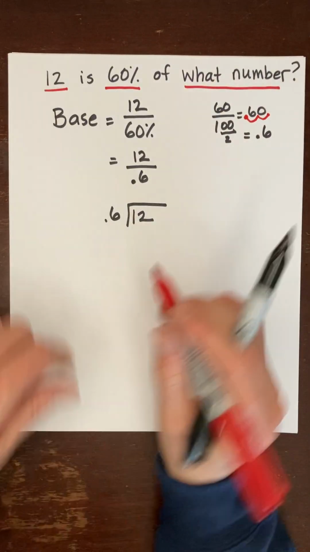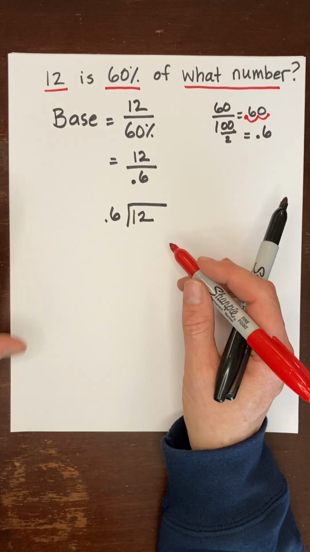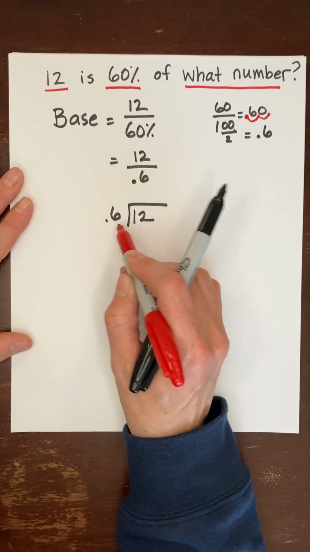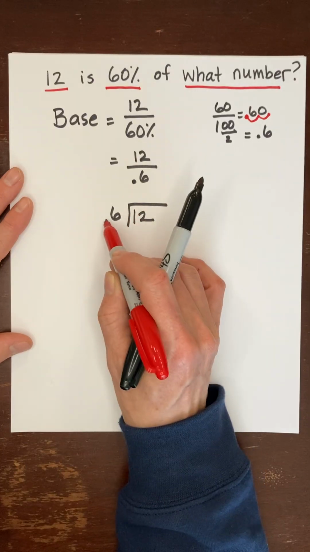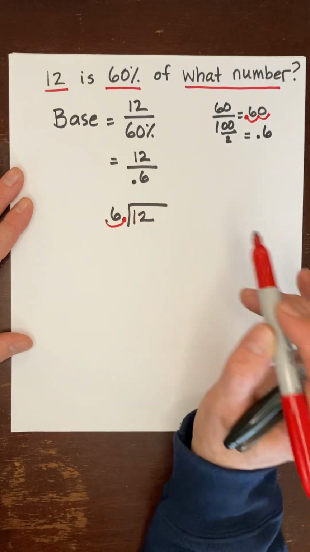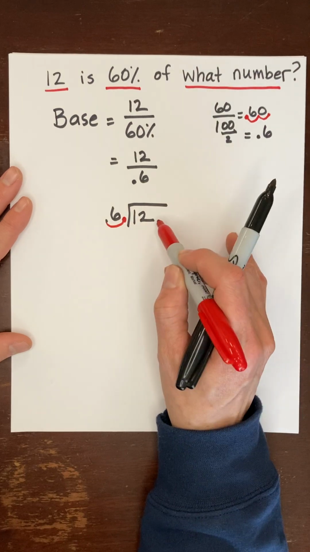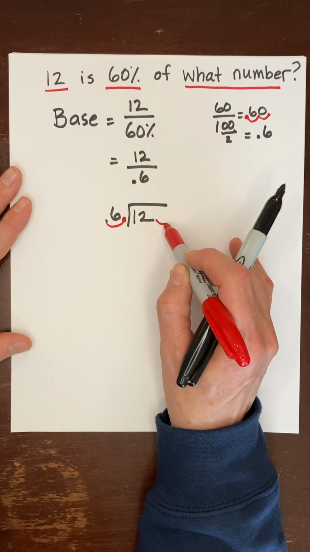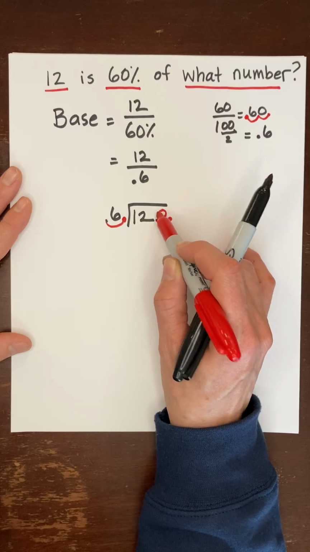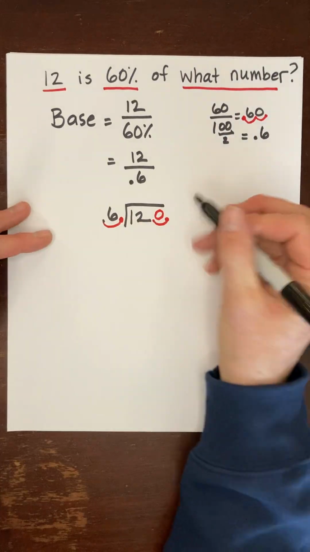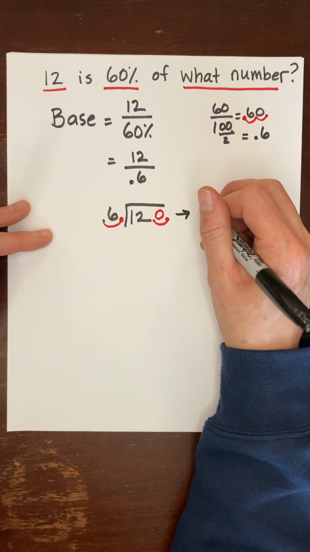Now, when we divide, we cannot have a number with a decimal on the outside. So we're going to move the decimal until it's all the way at the end. So this only needs one move. And if we do that, it means we also have to do this to the number inside. So we'll spawn a decimal at the end, move it 1 place to the right, insert a 0.